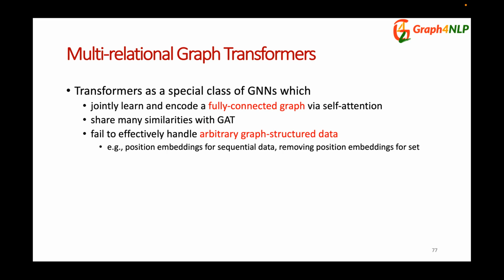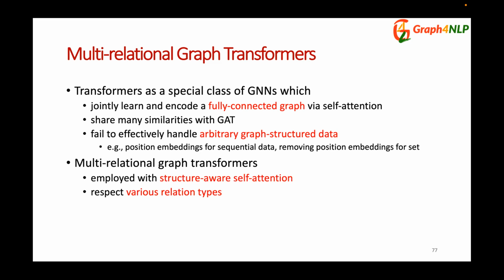For example, the position embeddings are used to encode the text sequence, and people have tried to design some special position embeddings in order to capture the structure of the graph when they try to apply vanilla transformers to graph structured data. But still, transformer models are not quite good at modeling the graph structure of the input data.